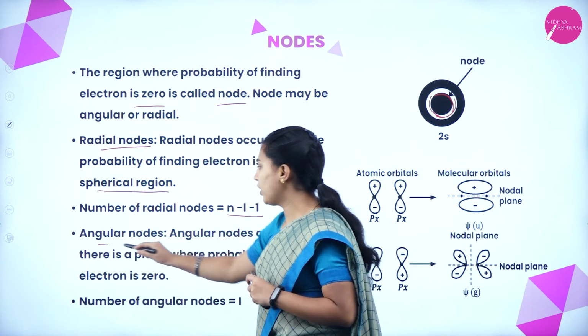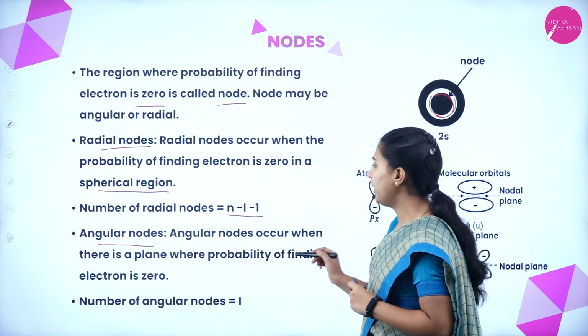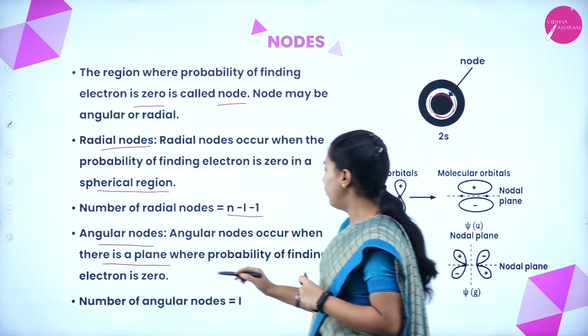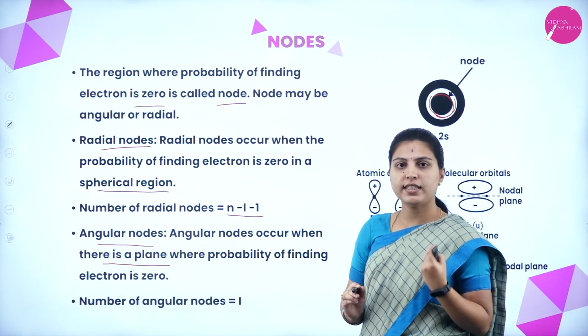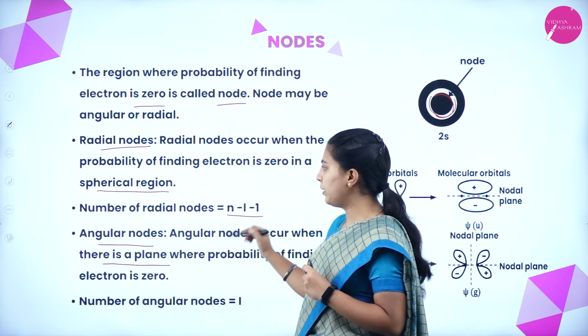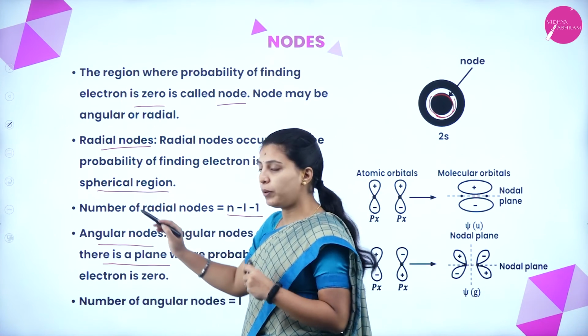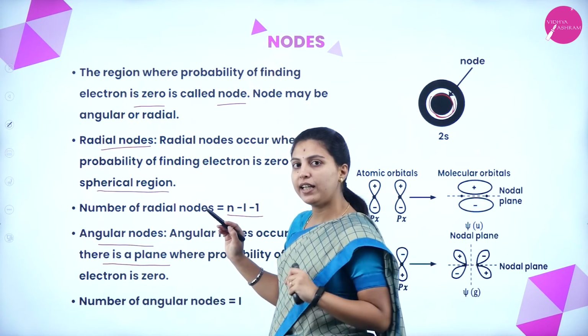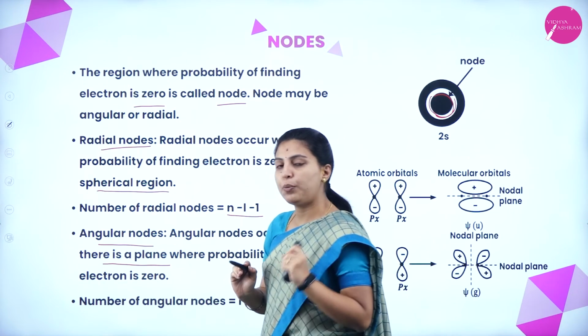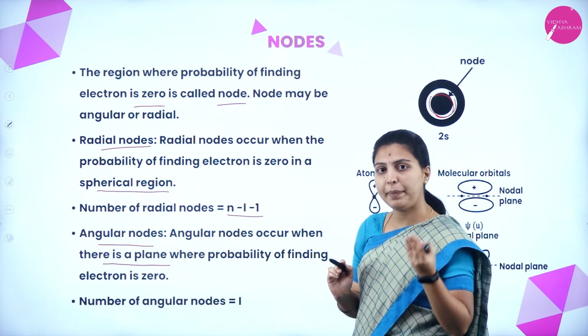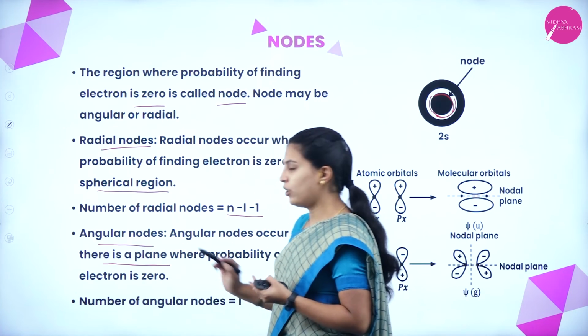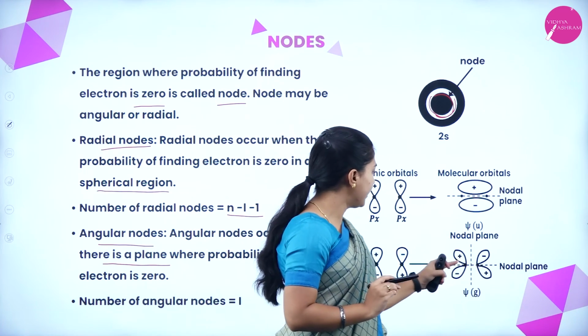Next, angular node. Angular nodes occur when there is a plane where the probability of finding the electron is 0. One difference between these two is that the probability of finding the electron in a spherical region is a radial node, and the probability of finding the electron in a plane is known as an angular node. You can observe the plane here.